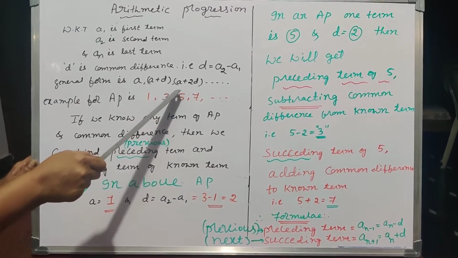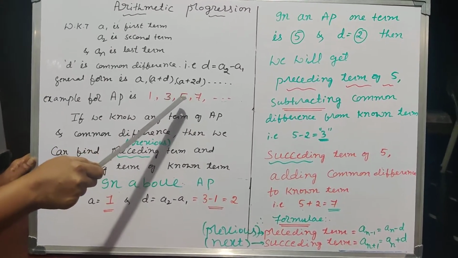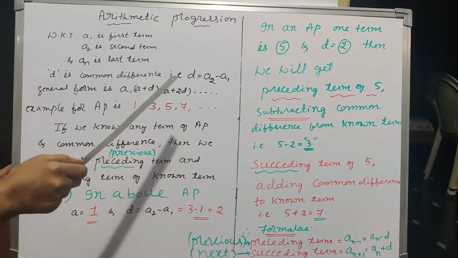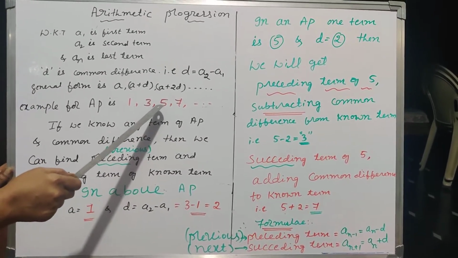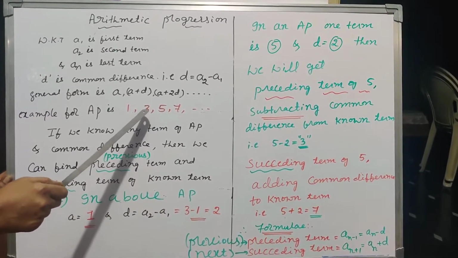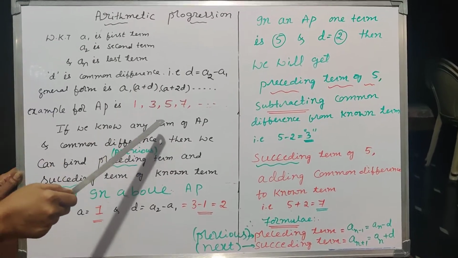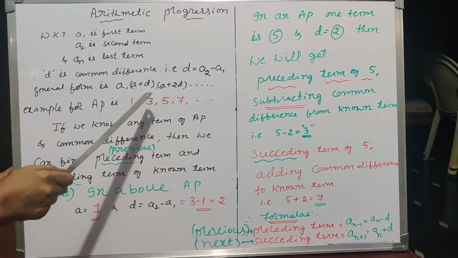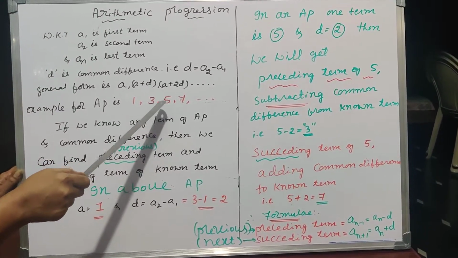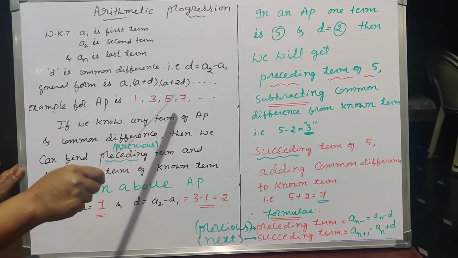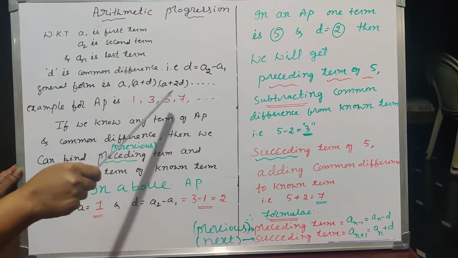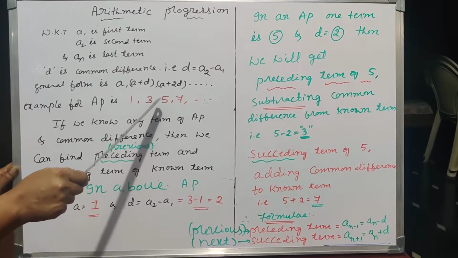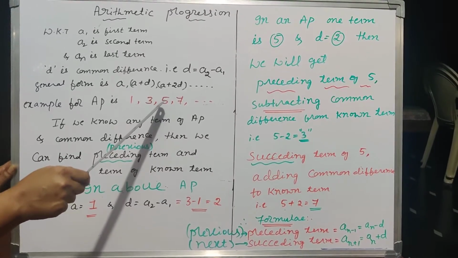Therefore, if you know the term 5 and the common difference is here 2, the preceding term of 5 is 3, that is subtracting the common difference from the 5: 5 minus 2 is equal to 3. And for 5, the succeeding term means the next term of the given term. Here the taken term is 5.